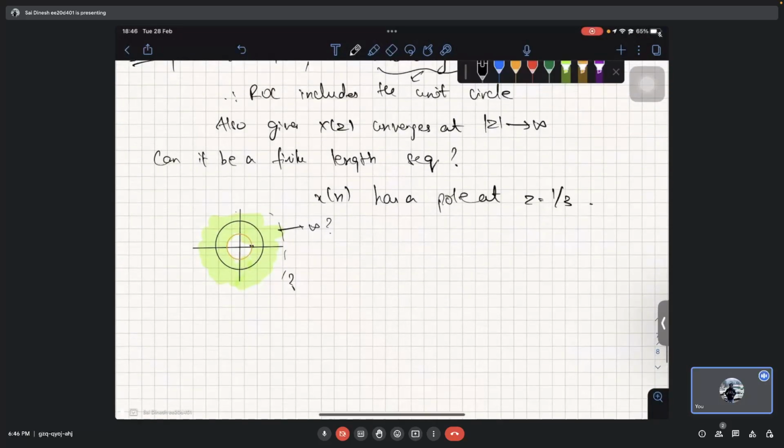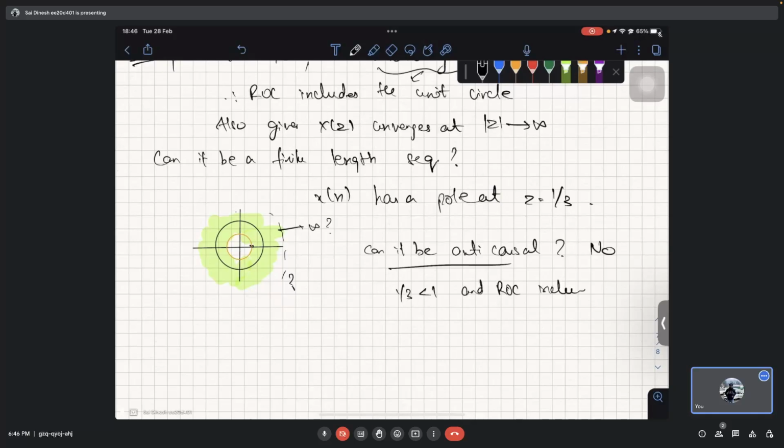And then can it be an anti-causal sequence? No, because 1 by 3 is less than 1 and the ROC includes the unit circle, therefore it is a causal signal.